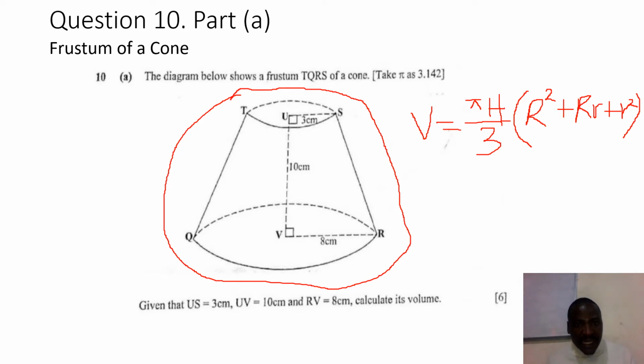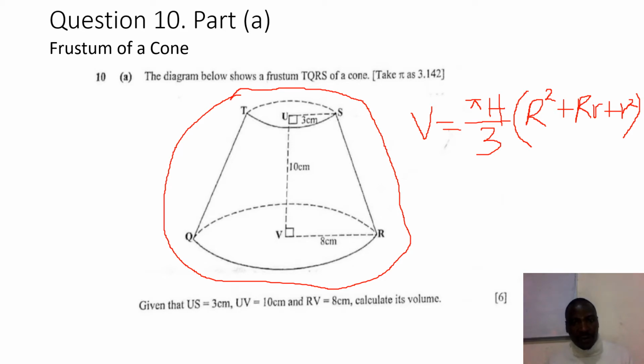You realize that the top part of this frustum of a cone has a circle with radius 3 centimeters, and the base of our frustum has radius which is equal to 8 centimeters, and the height of the frustum is 10 centimeters.